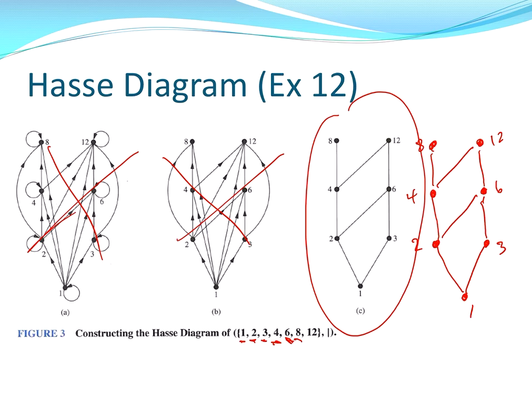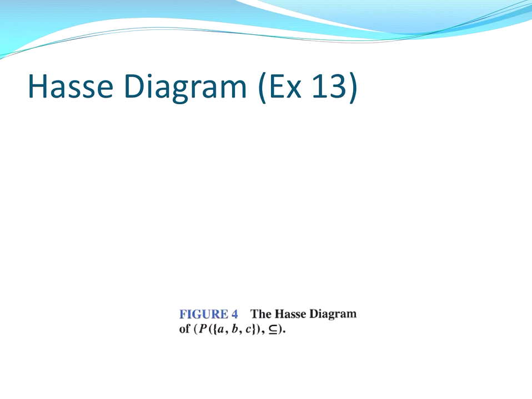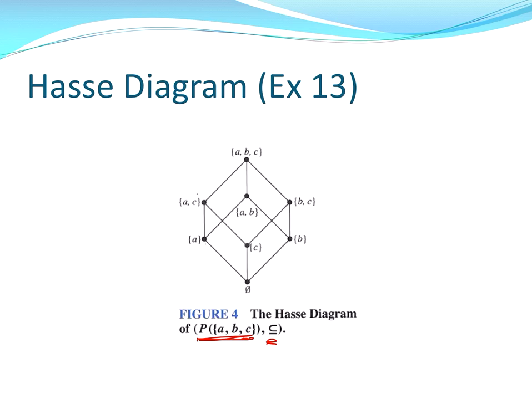Okay, let's talk about a couple of concepts. Oh, here's another Hasse diagram. This is on the power set of {a, b, c}. So there'll be 8 subsets, 8 vertices, 2 to the 3, with the subset relation. I'll just put it up here. The empty set is going to be the lowest because it is a subset of every other set.